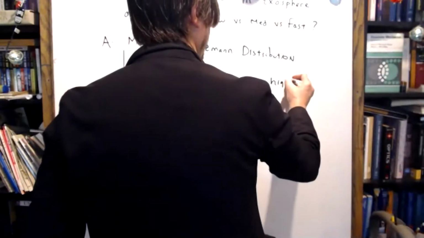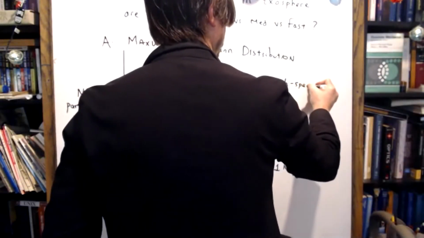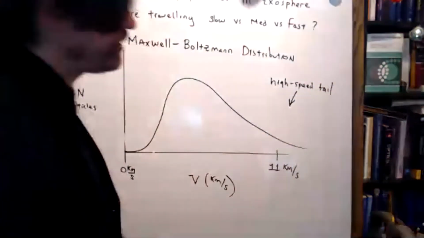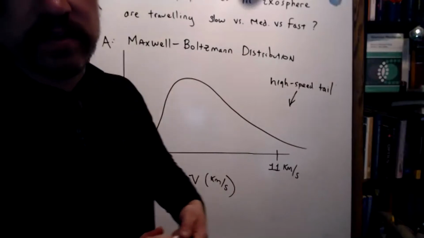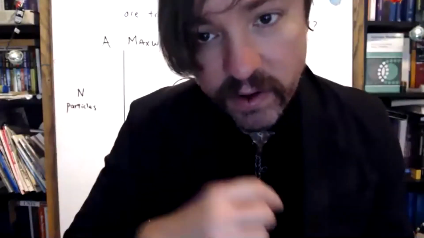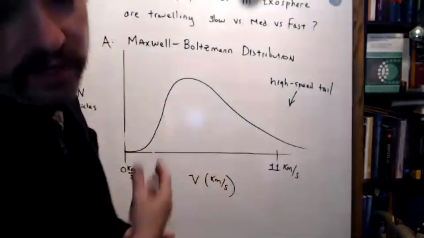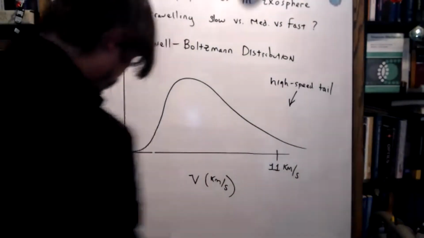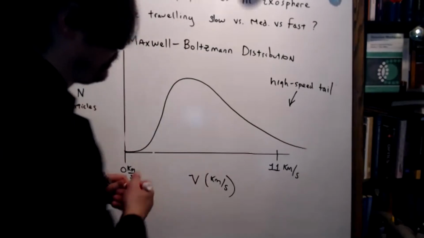So this is your high-speed tail. I'm telling you guys, the gases, the air that you're breathing right now, all of those particles are bouncing around according to a Maxwell-Boltzmann distribution of speeds. And what does this mean?